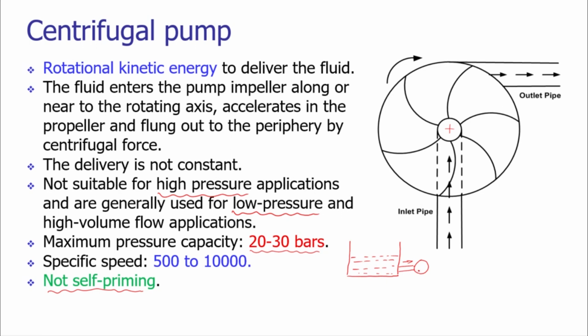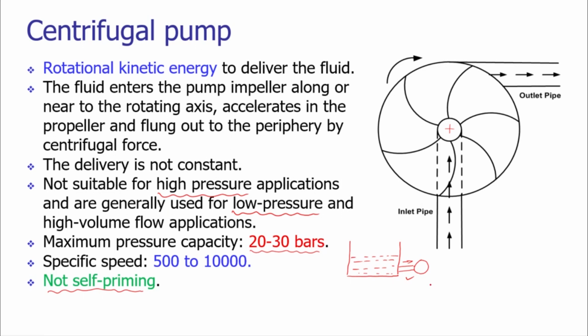This is fine in a situation where the level of the fluid inside the system and the level of the pump are the same, or the pump is at a lower level than the storage tank. In case the pump is located at a certain height, some lifting has to be carried out.